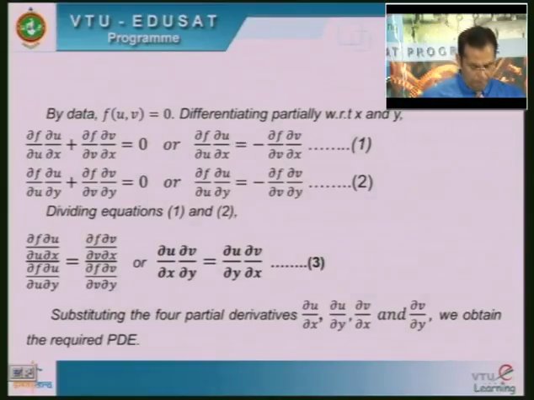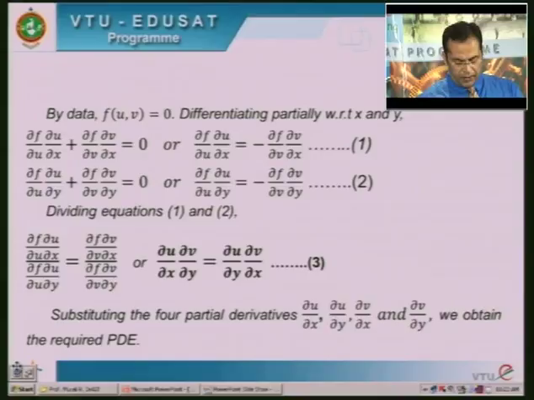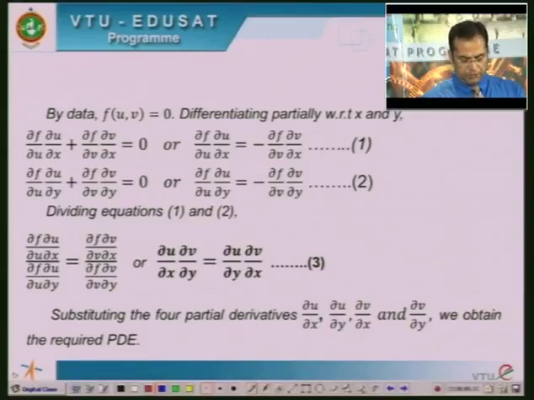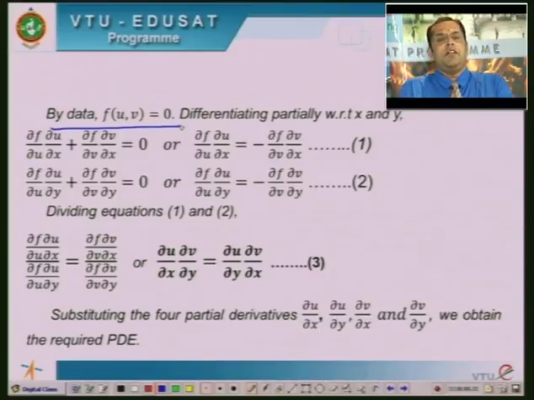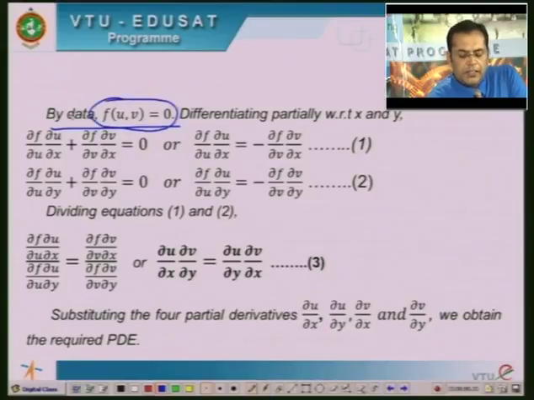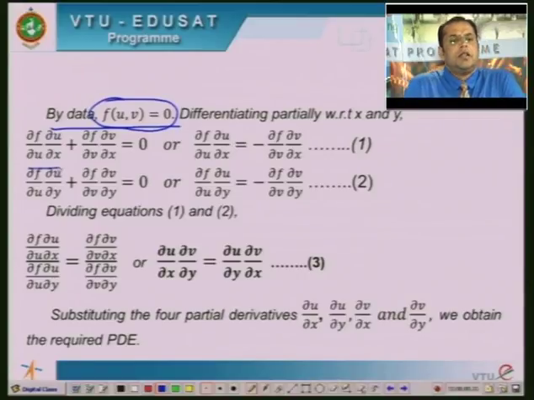So, by data it is given f of u comma v equal to 0. Differentiating partially with respect to x and y, apply chain rule for this. What is chain rule? F of u v equal to 0 becomes, with respect to x, dou f by dou u into dou u by dou x plus dou f by dou v into dou v by dou x equal to 0.